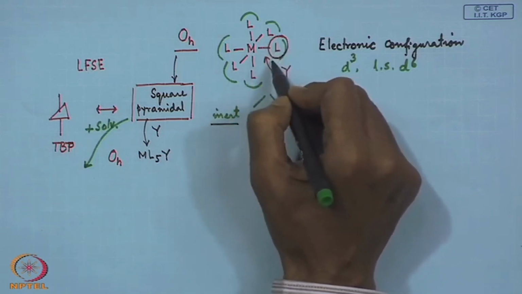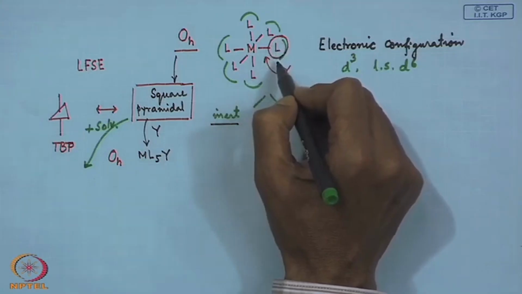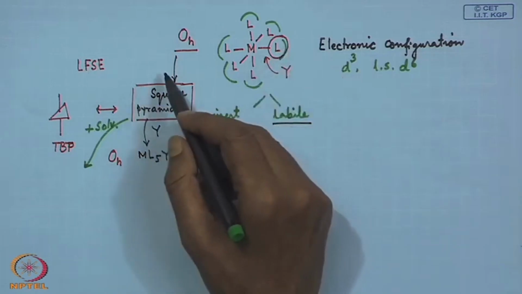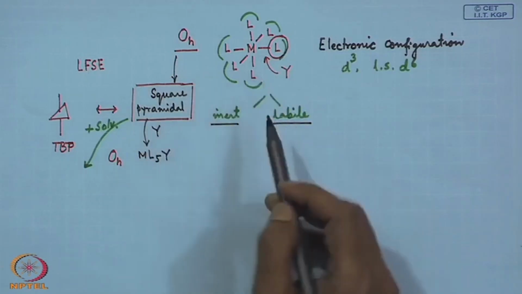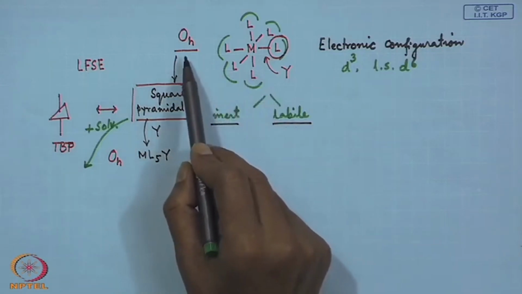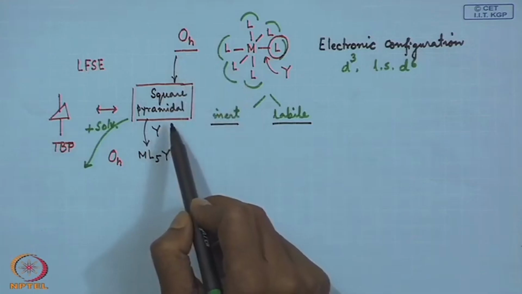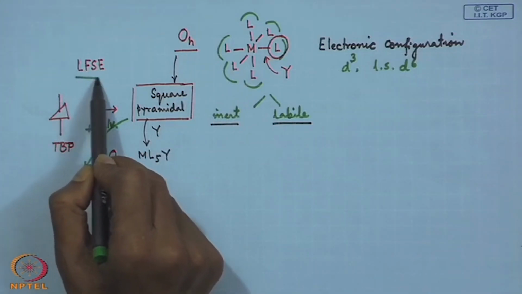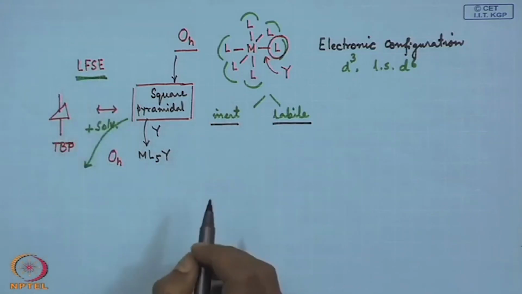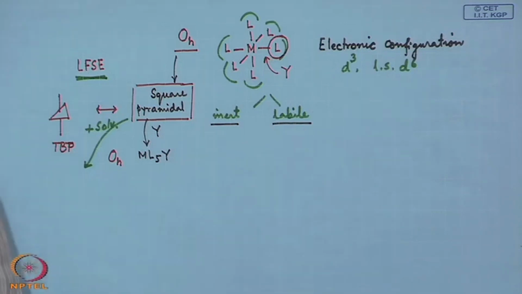So, when it goes for the attachment of the solvent molecule, the solvolysis reaction, we immediately get back the octahedral geometry. So, if we are able to compare the LFSE for octahedral geometry and the LFSE for square pyramidal geometry, then the difference between these two LFSE values will tell us something about the stabilization or the energy of activation for these compounds.